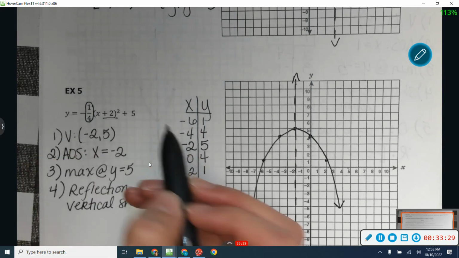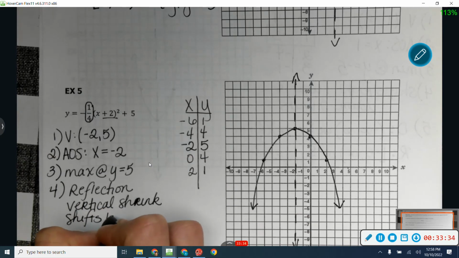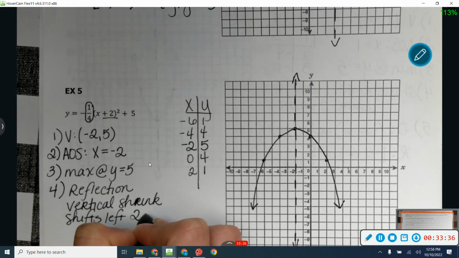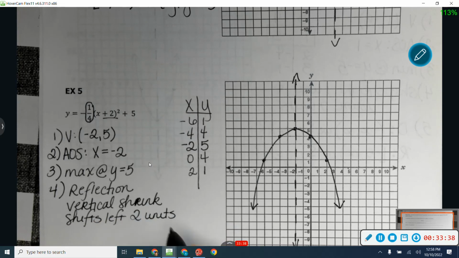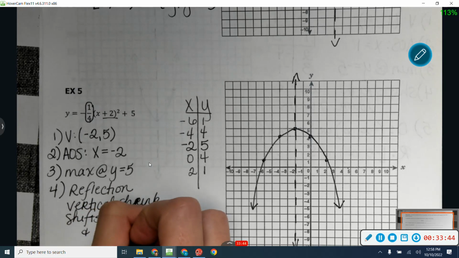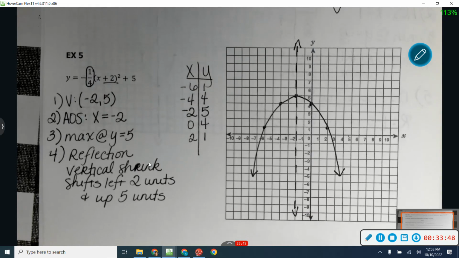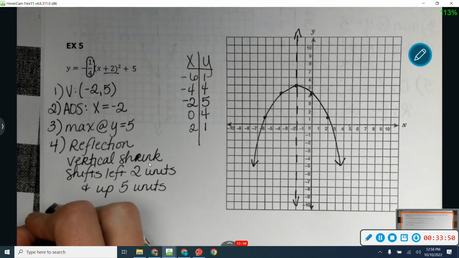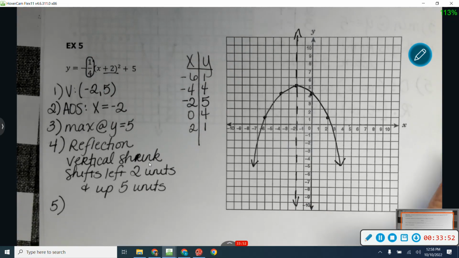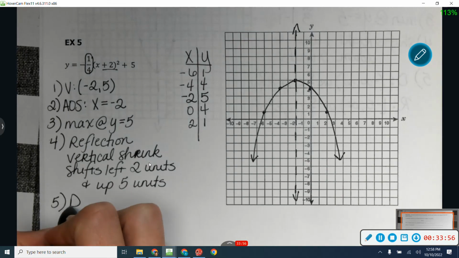This +2 tells me it shifts, and then the +5. Shift right. Are y'all good describing your transformations? Okay. All right, domain.